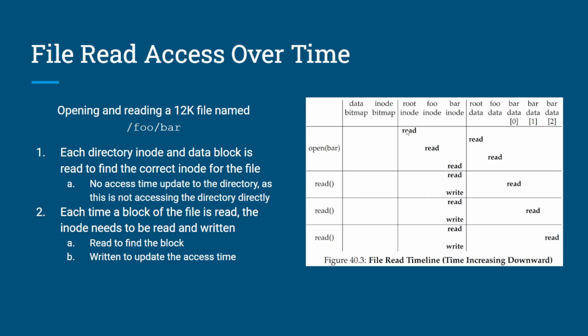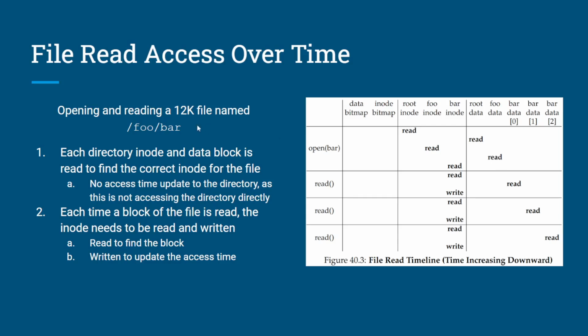That's the root directory, so this particular inode helps point to where the root directory data is located, where it gets read. At that point, inside the directory entry, there is an inode entry for foo. The foo inode entry is read from the disk, and the foo inode points to a data block, which is read.